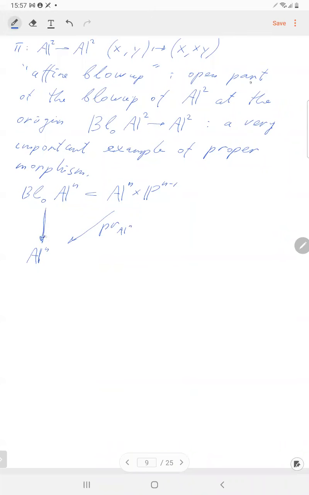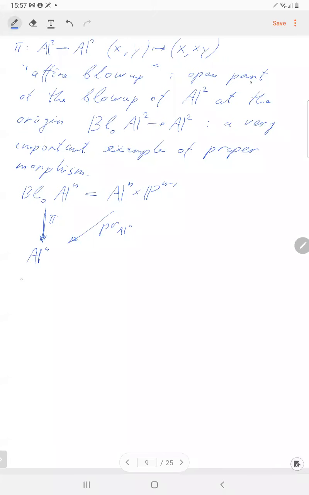And it restricts to the blow-up morphism pi. So what is it?